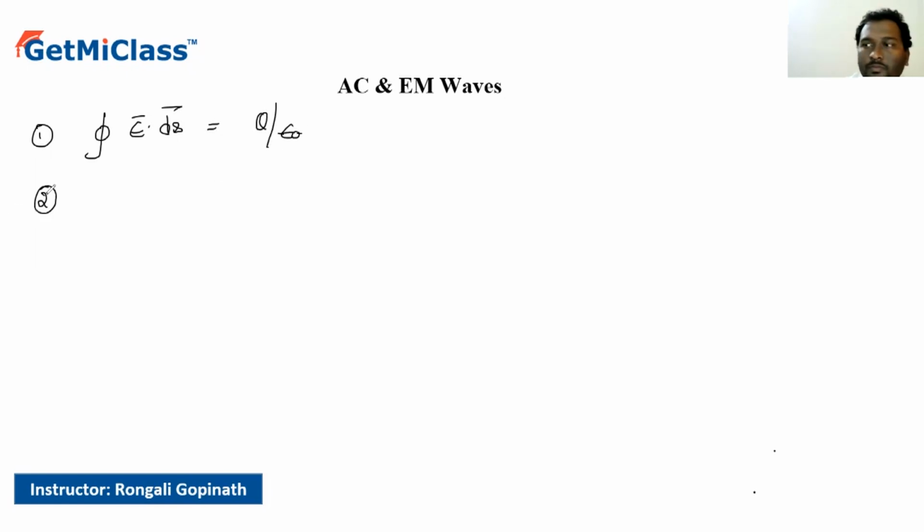So Maxwell gave us four equations to understand the entire concept of electromagnetism, or electromagnetic waves. What are those four fundamental equations? Maxwell's fundamental equations. The first one is closed integral of E bar dot dS bar. Basically, it's the Gauss law: charge enclosed by epsilon naught.